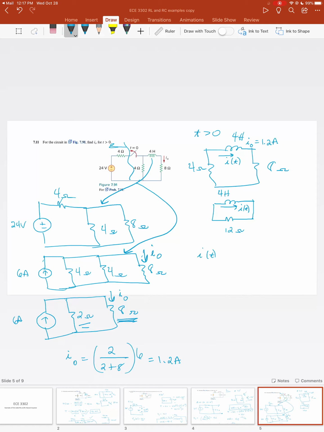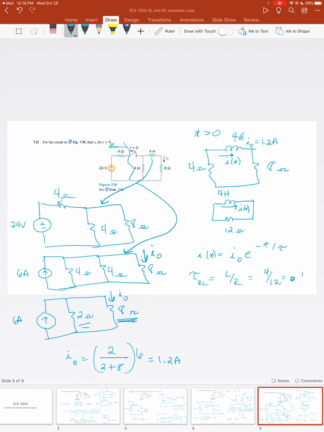Here's I of t. So I of t, according to the formula for the natural response in an inductor, is I0 e to the minus t over tau, and tau for an RL is L over R. So given that, we know I sub 0, and we can calculate tau.